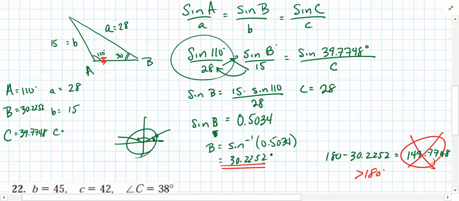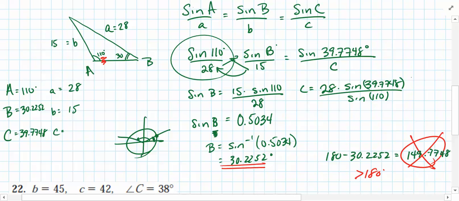Let me show this here. c is equal to 28 times sine of 39.7748, all of that divided by sine of 110 degrees.